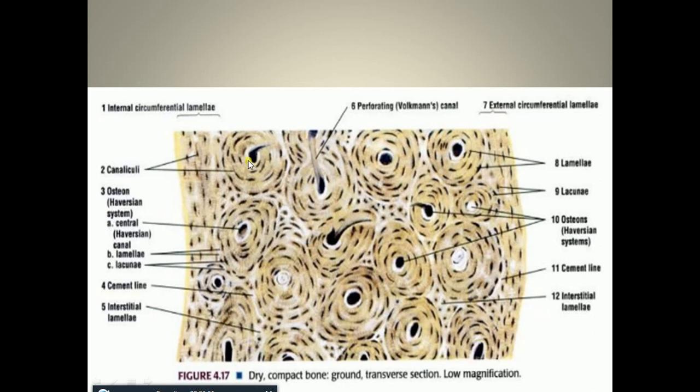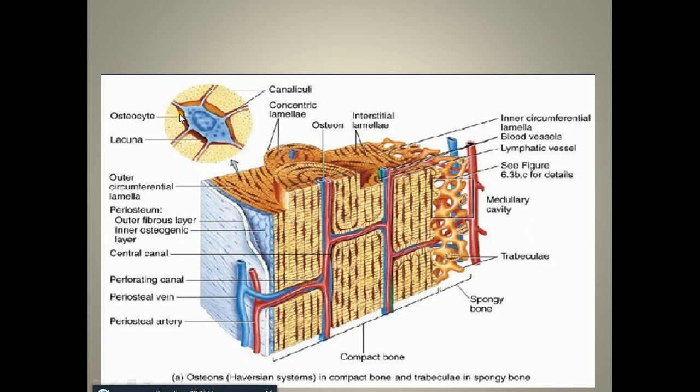Okay, each osteocyte, this is the osteocyte present in the lacunae here, and you can see the protoplasmic processes are also extending to contact with the protoplasmic processes of the other osteocytes.